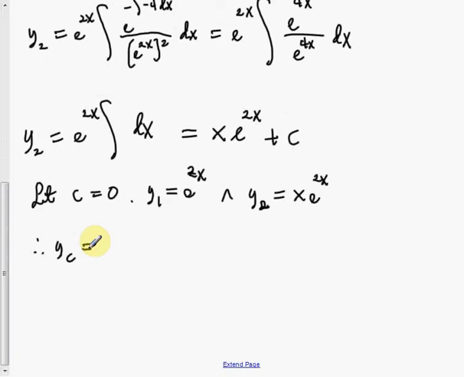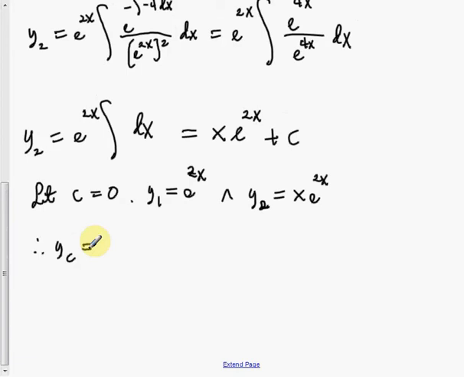So the solution is a complementary solution. It wants to complement another solution, the particular solution for the non-homogeneous differential equation. Here we're only considering the homogeneous differential equation and its solution.